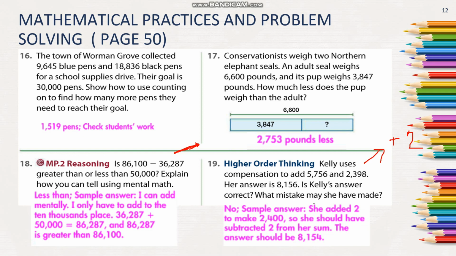Then after that, she should have subtracted 2 from her sum, not added 2 to the sum. Since this is addition and applying compensation, if you add, at the end you need to subtract. That's why if you add 2 to 2,398, at the end you need to subtract 2 to get the final answer.